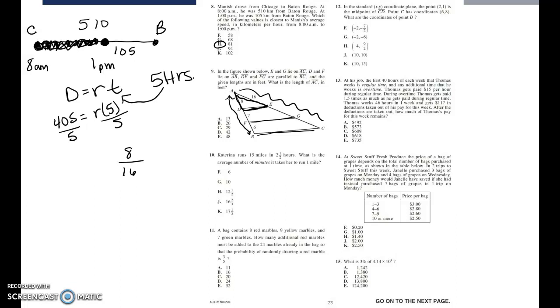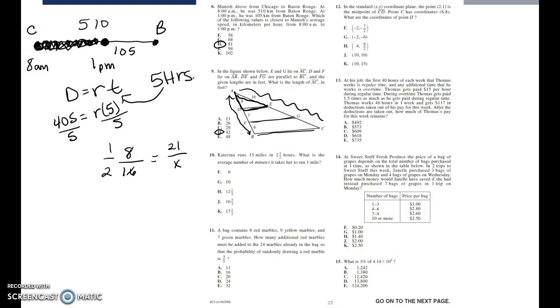Hopefully you guys can add 8, 7, and 6 together, and you get 21 over x. Now you could cross multiply and solve, or you could reduce this. Hopefully you know 8/16 is technically 1/2, which means whatever this side is, it doubles, so it becomes 42.